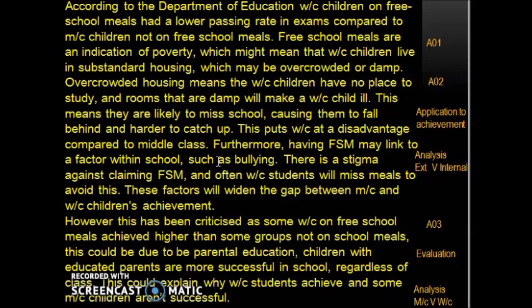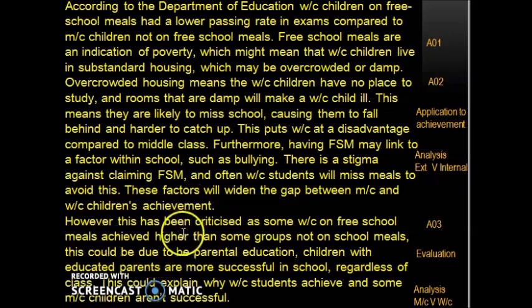At this point, you could actually go into detail and say, things like if a child is hungry, they are not going to be able to concentrate in class, and that will mean that they're going to find it harder to get better grades because they are so distracted about either the bullying or the hunger that they might be feeling. And that's going to widen the gap between the middle class and the working class.